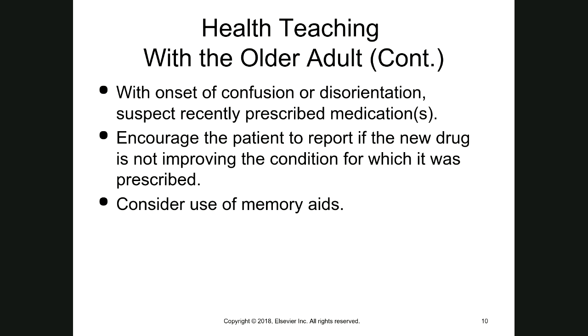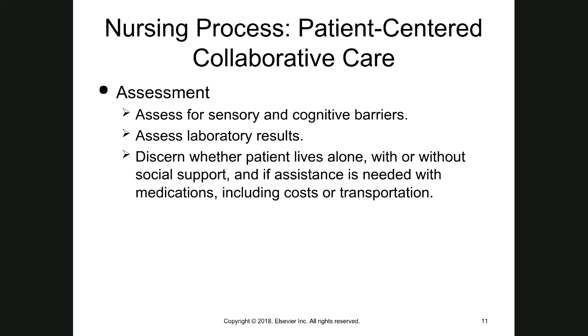Or you can even have pill boxes. But when you're using pill boxes, you have to consider the cognitive ability of that patient. Are they able to administer their own medication? You'll see a lot of this in home health.